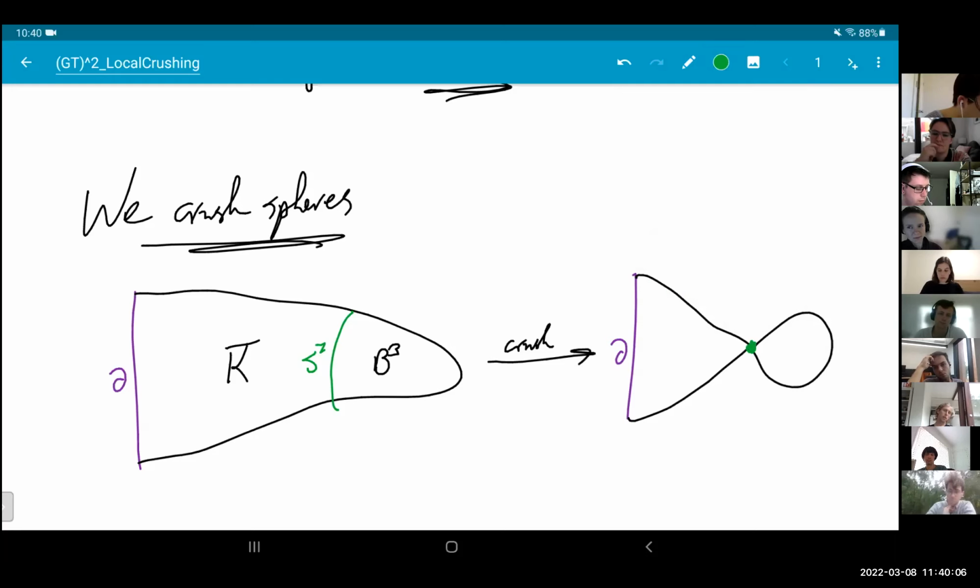And because this sphere is topologically trivial, it bounds a ball. What happens on the left-hand side is you still have the knot complement here. That topologically is unchanged. On the other side, we've got a ball, and we've quotiented the boundary of the ball to a point. So on the other side, what we've got is S3.